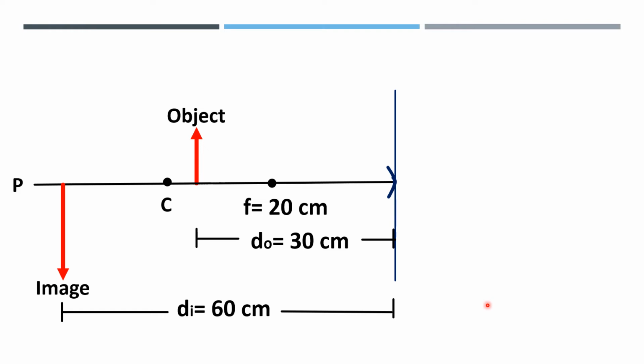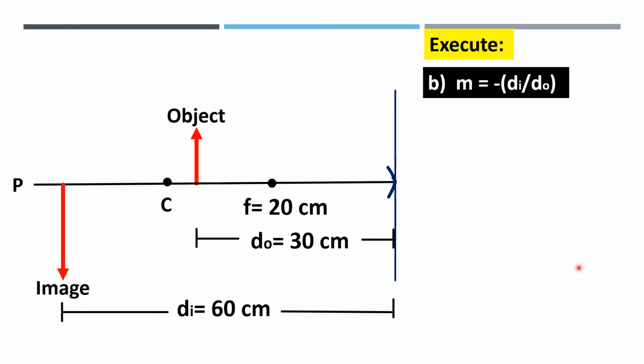Before I proceed to the second example, there is something about the previous problem that I was not able to emphasize, and I'm referring to the magnification that we just computed. So we got a value for m which is equal to -2.